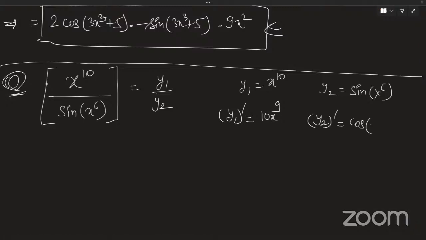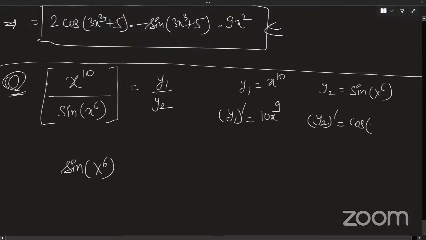No. That is the error you are making again. See, sine of x to the power 6. Approach from the outermost side. It is cos. When you are approaching from the outermost side, keep all the inside things as they are and just copy them over here. When you have completed the outer, move inside and now differentiate it.